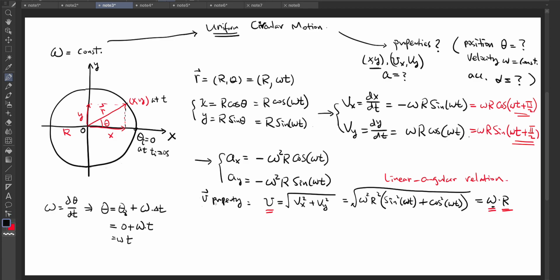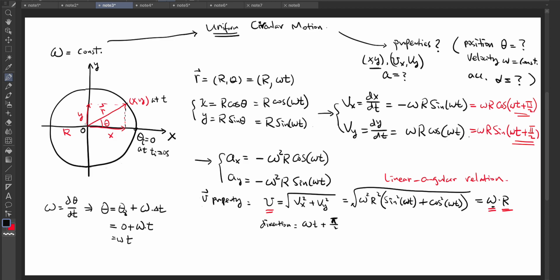So the v direction is omega t plus pi over 2, okay, and this angle or the direction is with respect to the x-axis. Okay, so now let's see, how can I draw that velocity?